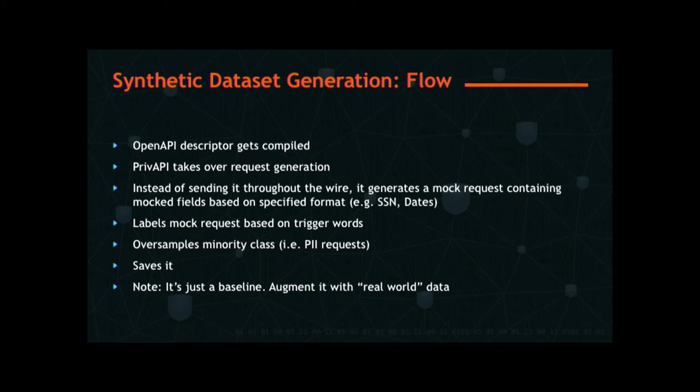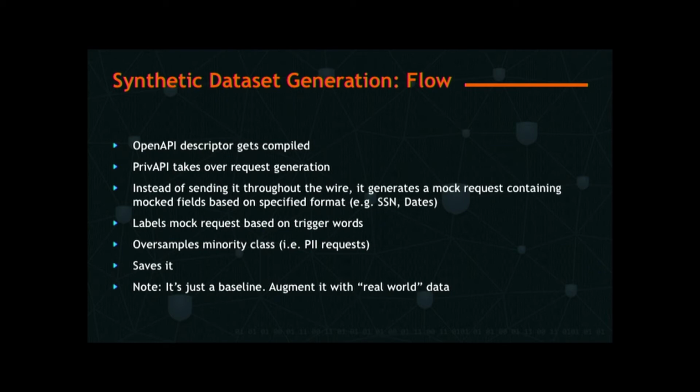The good news is that OpenAPI descriptors are available online. They're pretty good quality. So with that, we can build real-world looking API messages in terms of structure. Think about how JSON messages are typically structured in API communication, okay?